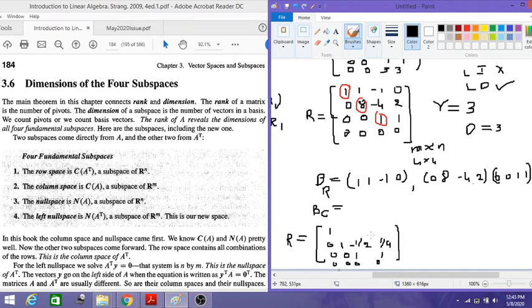Here I need to just add with -1. So this will become 0 here, and here I'll get -1 minus half, which is -2 minus 1 by 2, so I'll get -3 by 2 here, and here I'll get 1 by 4.